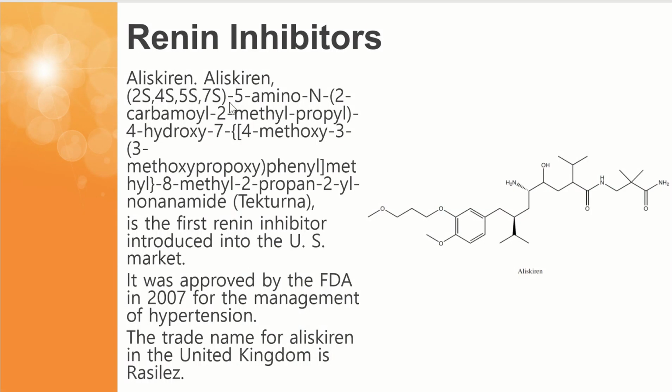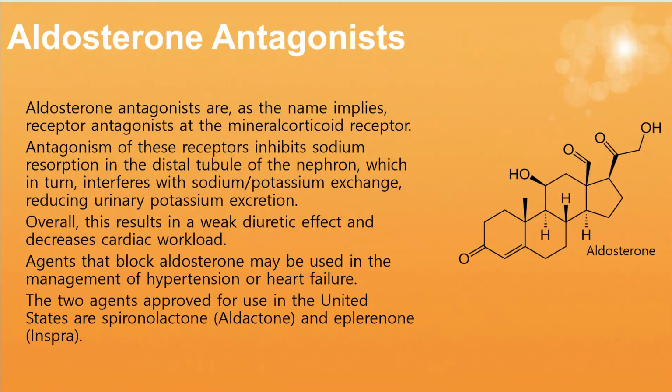It was approved by the FDA in 2007 for the management of hypertension. The trade name for Aliskiren in the UK is Rasilez. So you know that the trade name will vary from locality to locality.